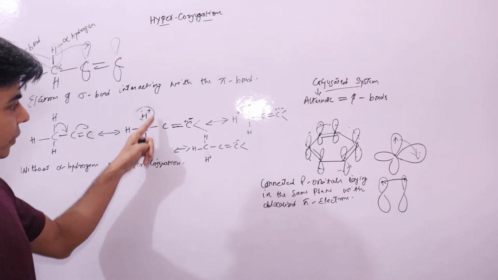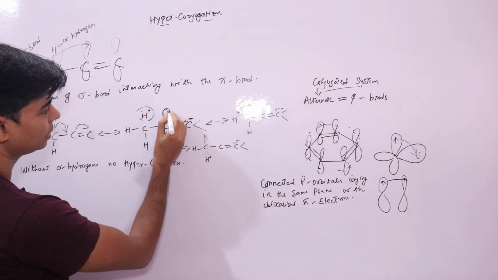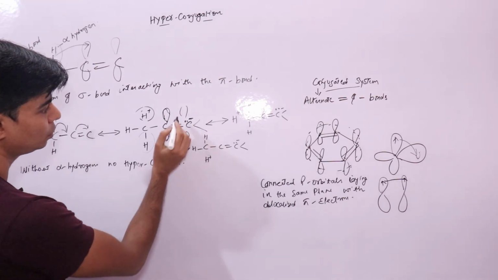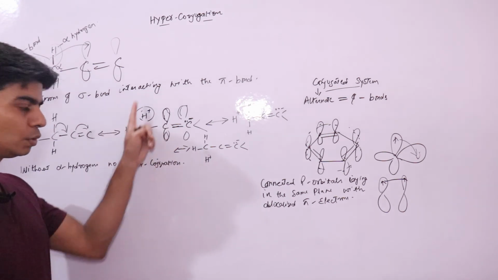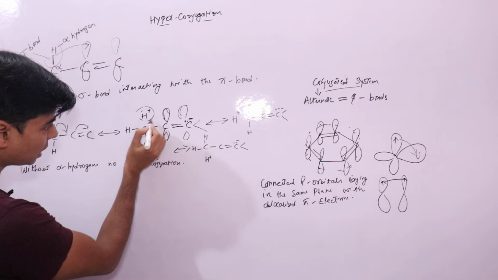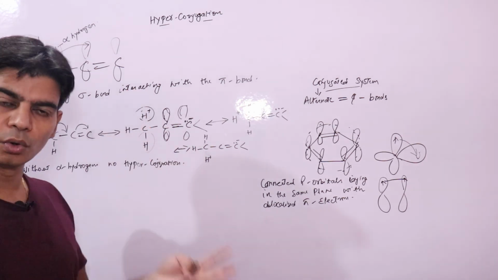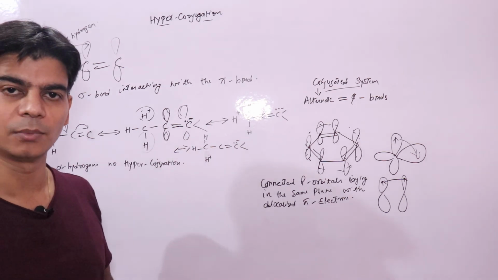It is bound to the pi electron cloud, so it is bound to this molecule, even though the sigma electrons have moved towards the double bond.